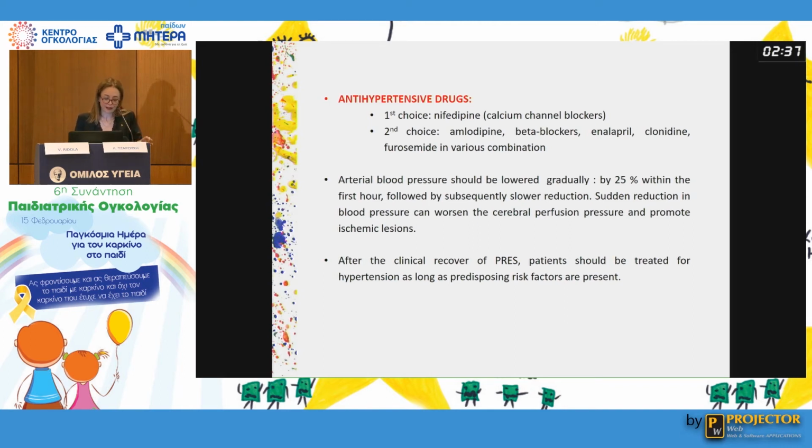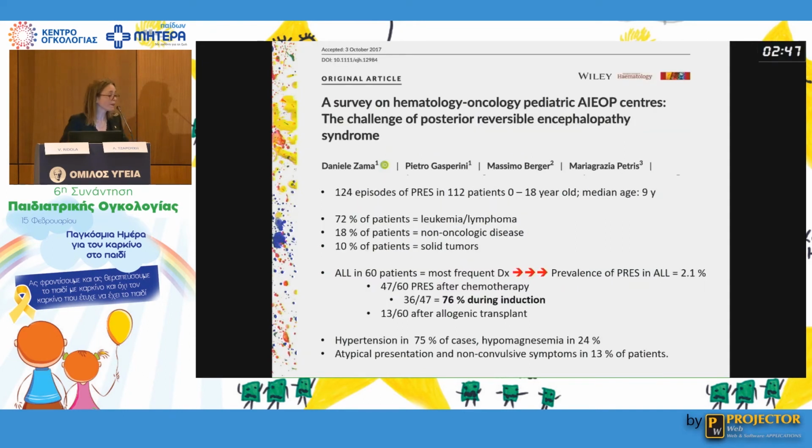This is important in order to avoid ischemic lesions that could be due to a sudden reduction in blood pressure. Now, here is the result of a survey on hematology oncology pediatric IEOP centers, an important study, not only because it's Italian, but also because this is the study with the largest cohort of patients, with 112 patients with PRES.